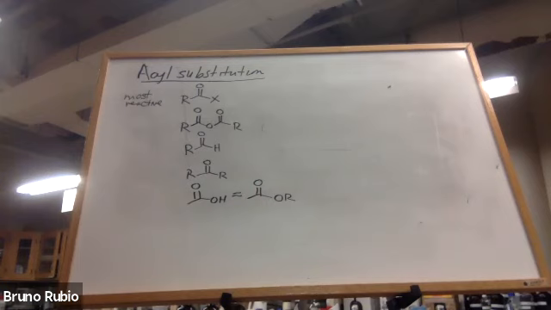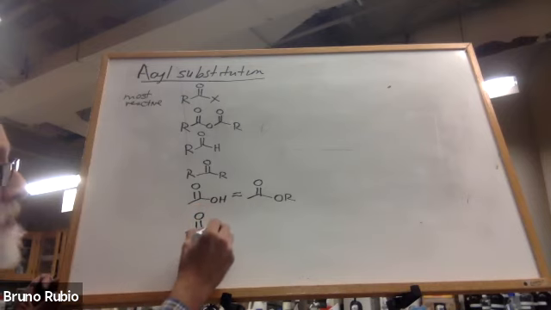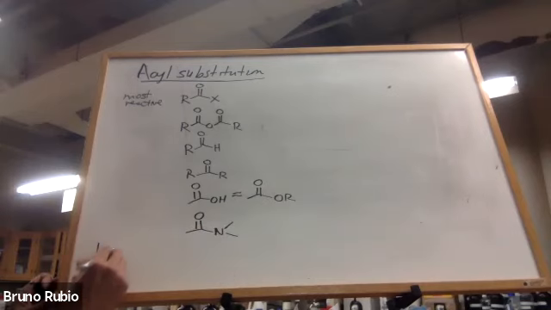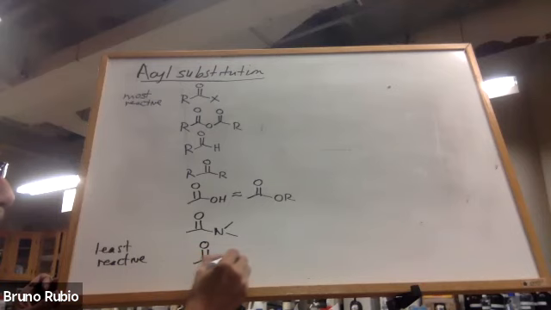They're about equally reactive. And then the next would be the amides, and then the least reactive acyl derivative are the carboxylates.